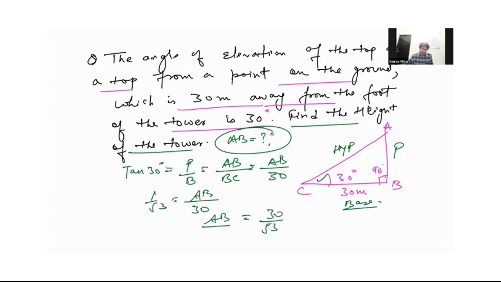Since we cannot place the root in the denominator, we will do the rationalization, and this will be 30 root 3 by 3, which is 10 root 3. So the height of the tower will be 10 root 3.